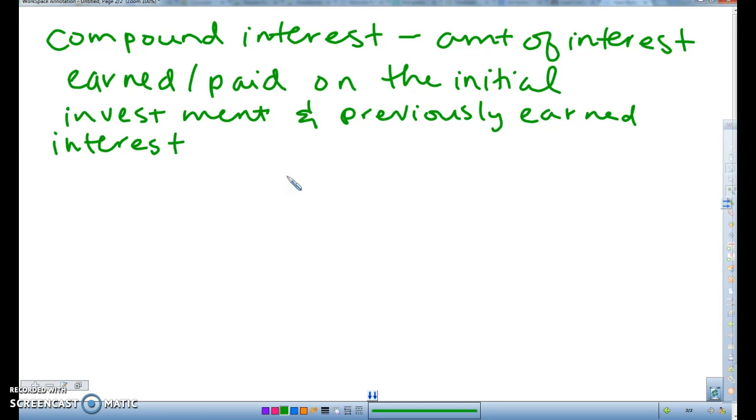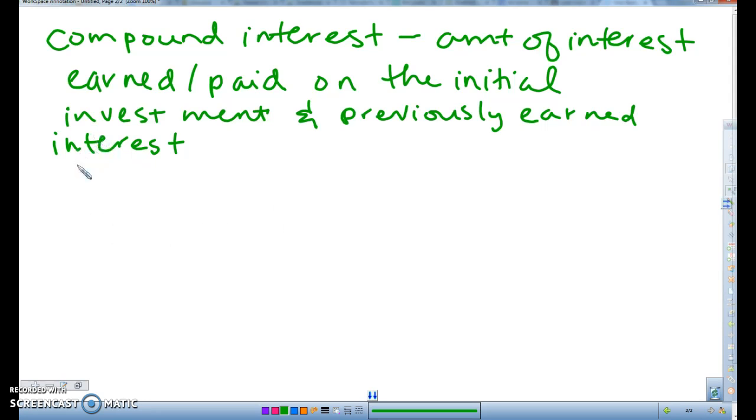And so the next month, I'm not just getting interest on that $4,000 I put in, I'm getting it on the $4,005 that I had last month. So I'm getting that compounded every whatever amount of time, okay? And there's different amounts of time we can get that compounded.